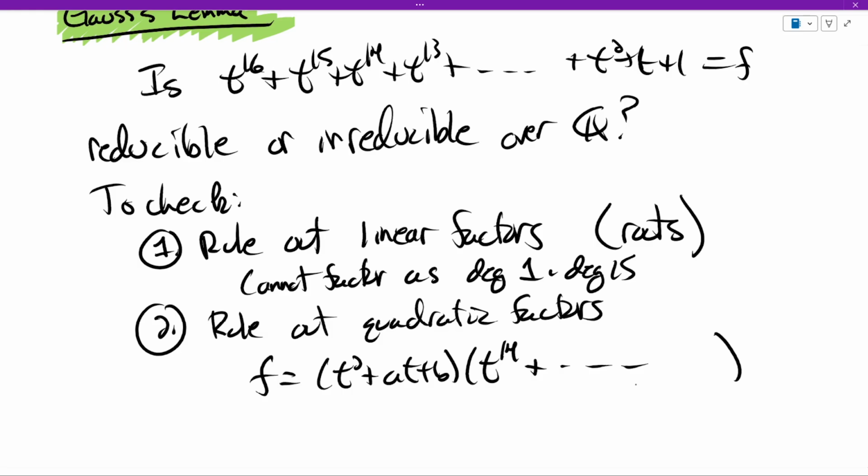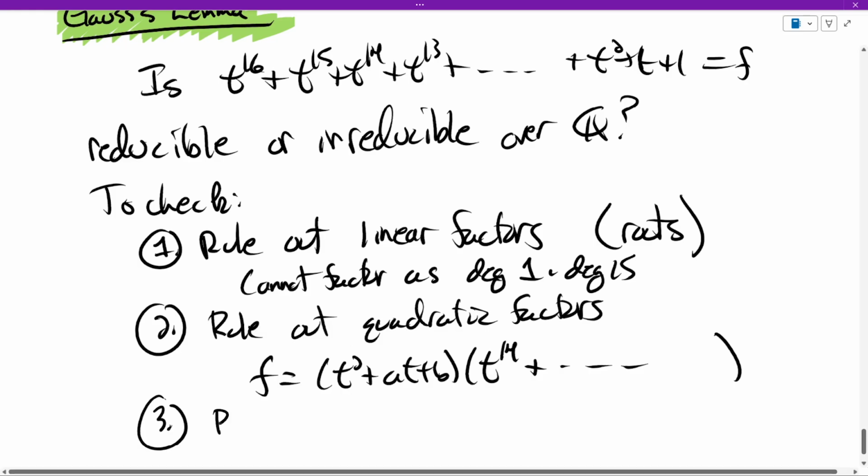This is already difficult, right? The linear factors are almost always easy. But just because you don't have linear factors, it doesn't mean that you don't factor. So this is now very difficult. And then what do we need to do after we do that? Either we can find a factoring or we can't.